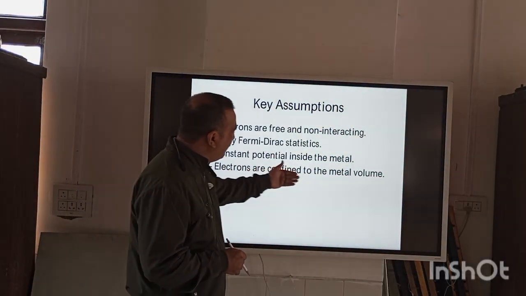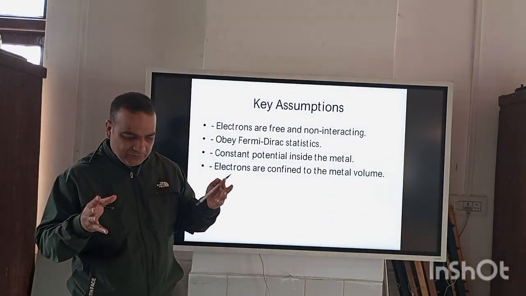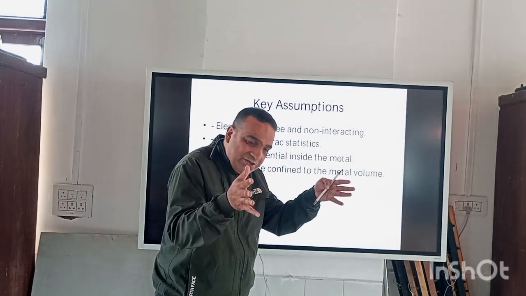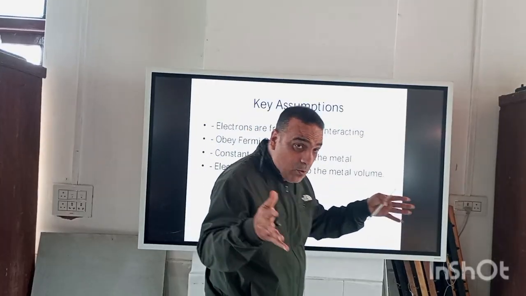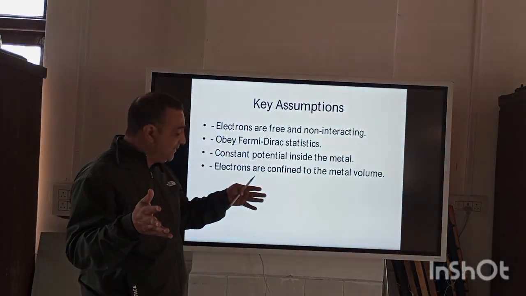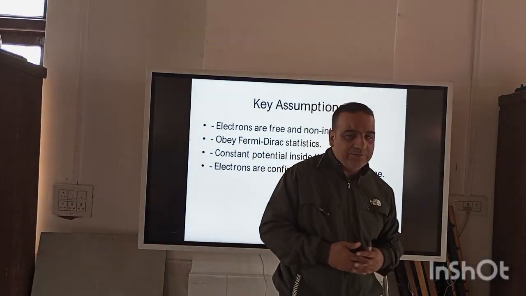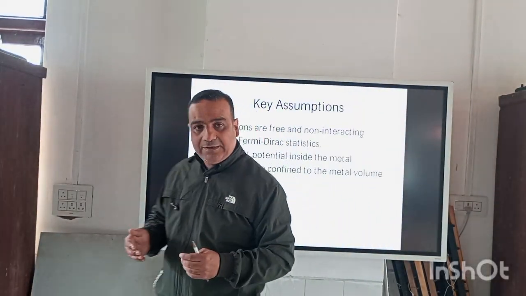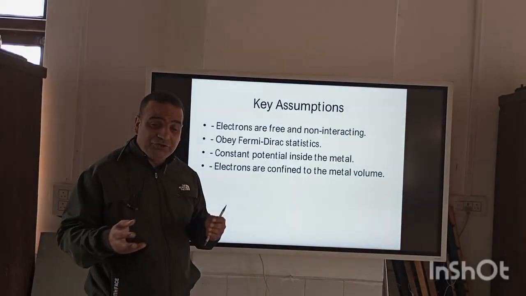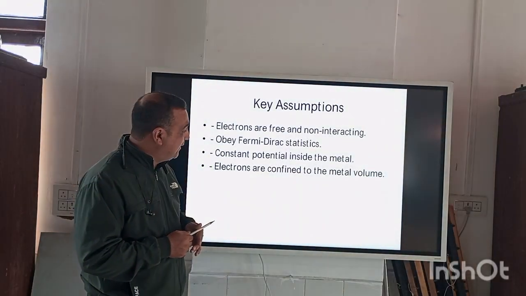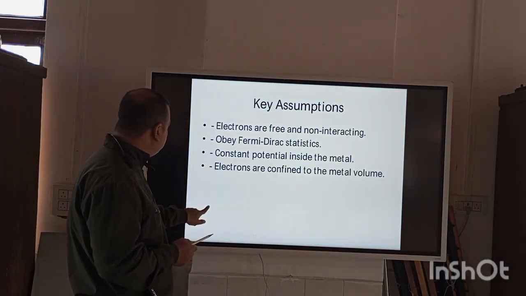So these electrons are confined to these metal volumes where you have a constant potential, and this constant potential can be treated as zero as well, and the surface of the metal can be treated as positions where the potential is infinite.